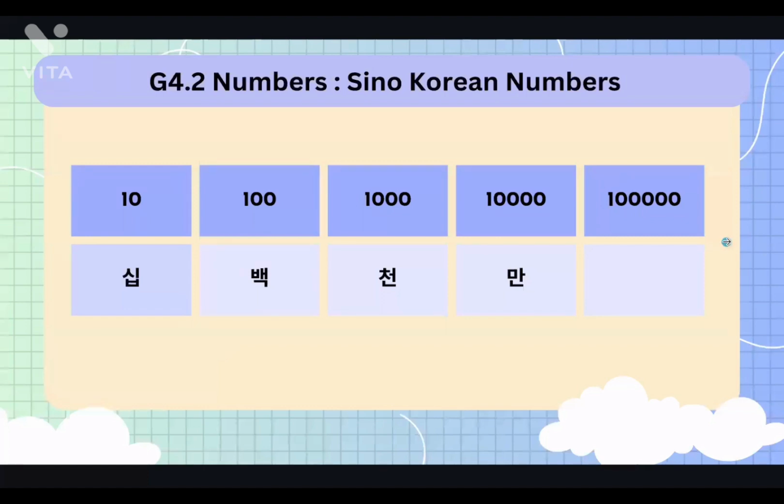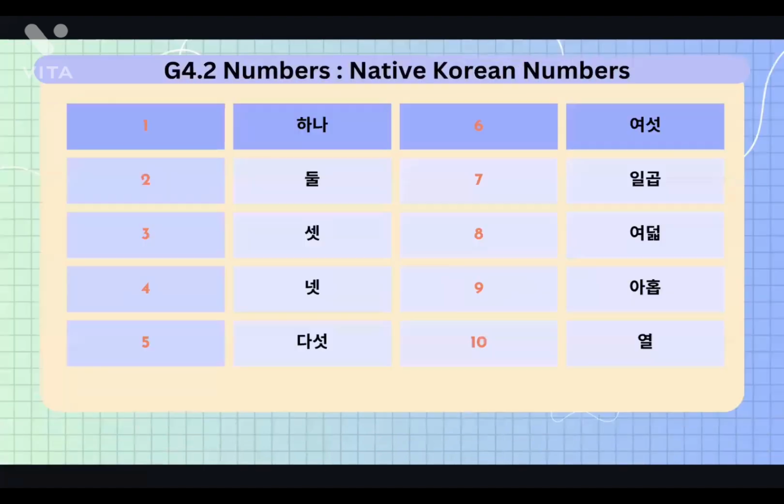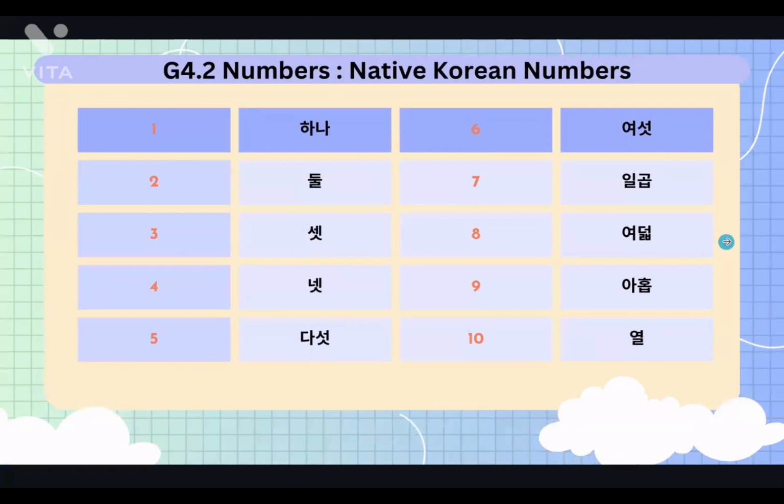Our next part. Why do we review these numbers? Because it's for noun counters. Then let's look at the native Korean numbers. 자, let's review. 하나, 둘, 셋, 넷, 다섯, 여섯, 일곱, 여덟, 아홉, 열입니다.